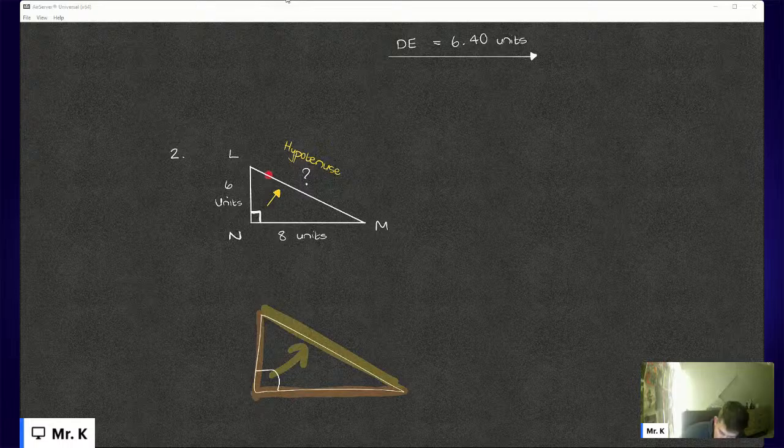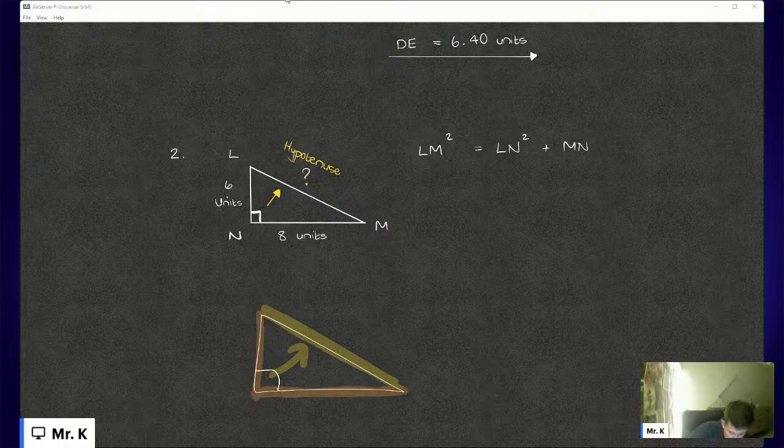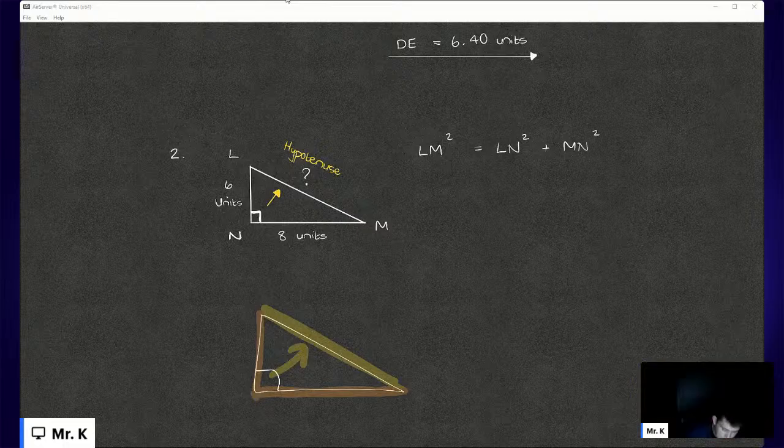Side LM, this longest side of the triangle, LM squared must be equal to the shorter side squared added together. So the short left-hand side, or the height of the triangle, is side LN. So it'll be LN squared plus MN squared, the base of my triangle.